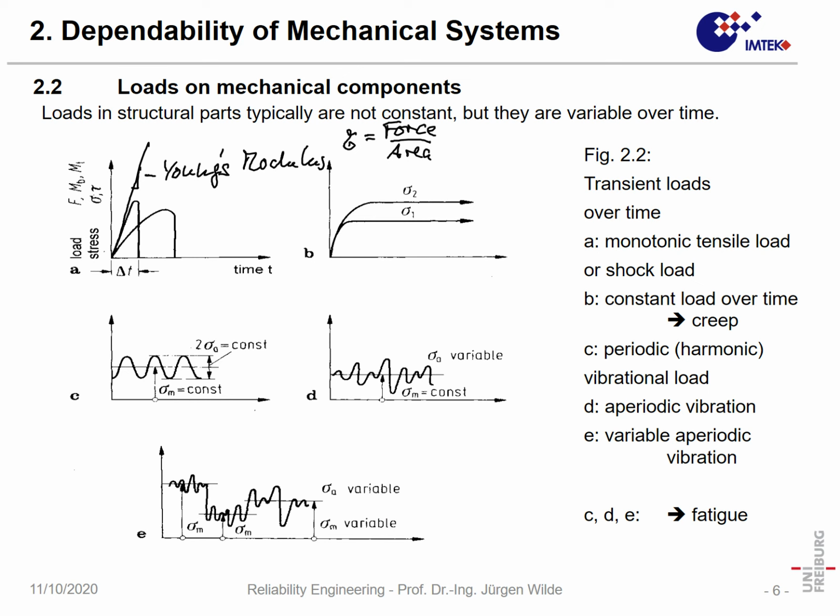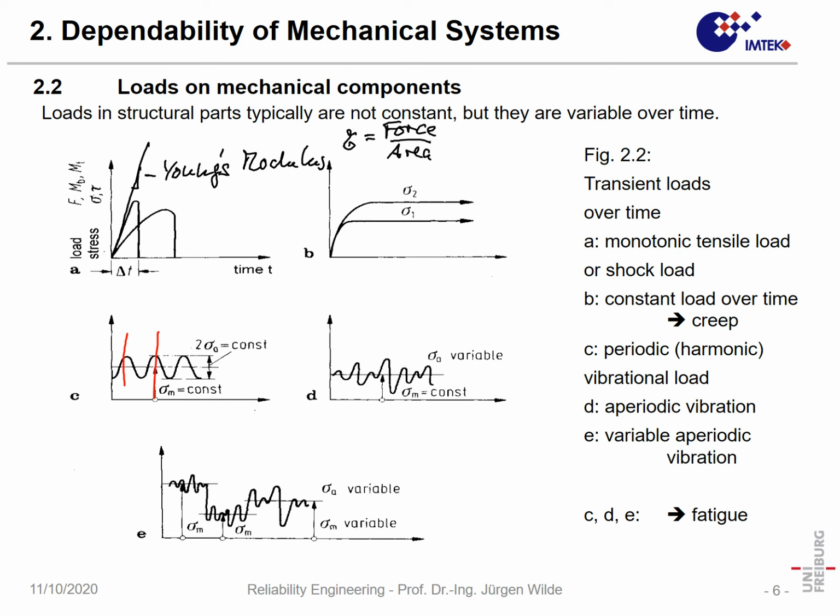On the other hand, the lifetime in the case of cyclic load is typically measured in numbers of cycles. So that means how often we repeat such a load up, load down cycle, and when we count these, of course, we can end up with numbers between a few and hundreds of thousands or even hundreds of millions of cycles.